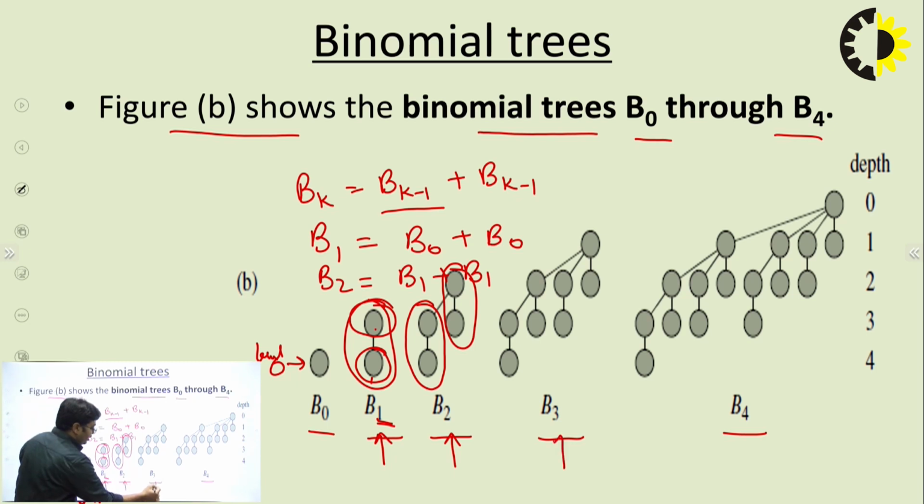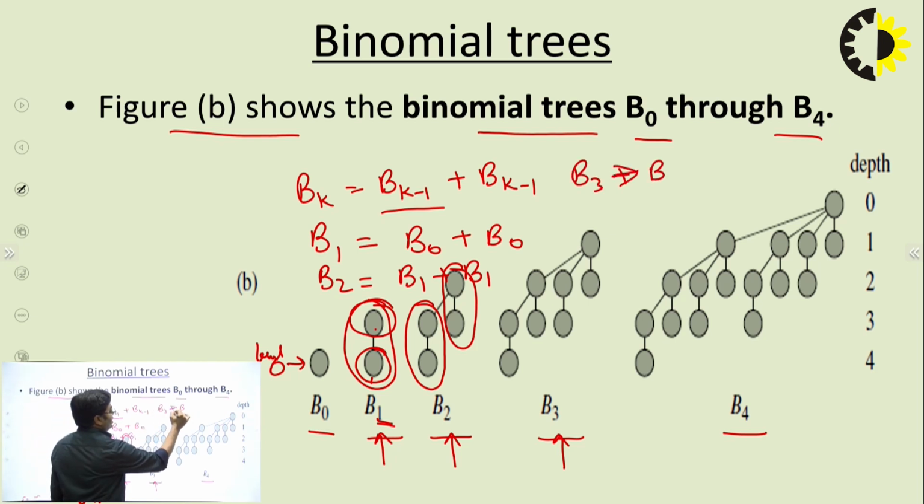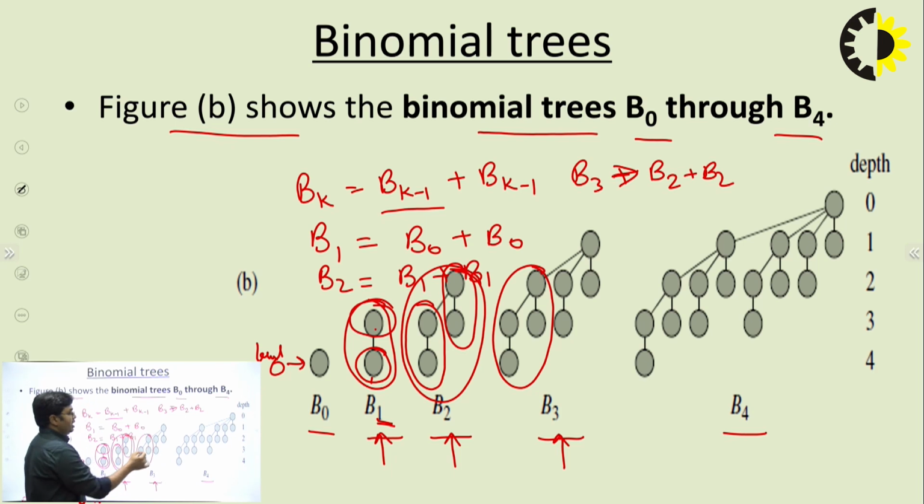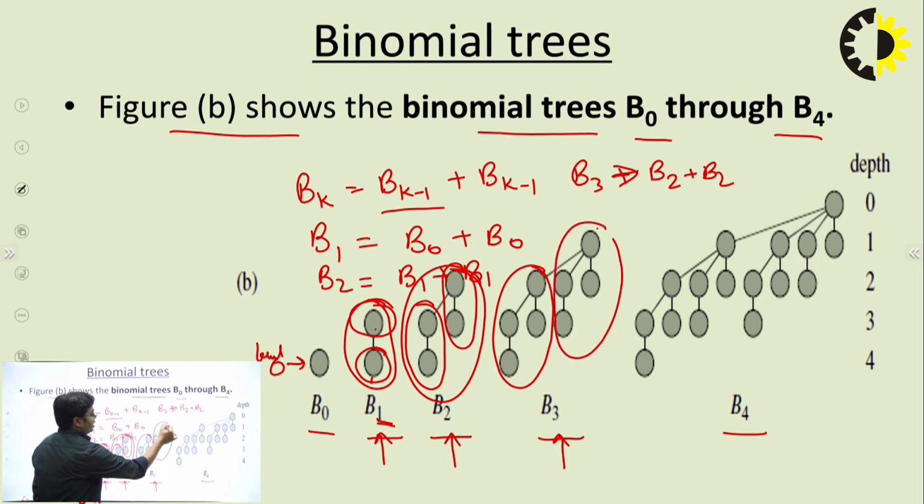Next we come to B3. B3 is having B2 plus B2, means two B2s are there, and each B2 is having 4 nodes. So this one is one B2 and this one is another B2. So B3 is a combination of two B2s, and the first B2 is the left child of the root node of the other B2.